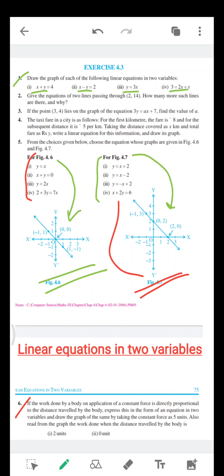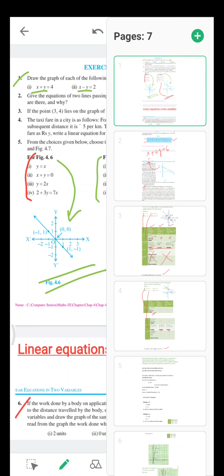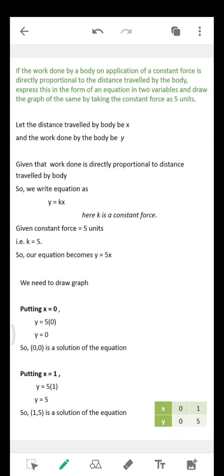So this question is based on that. If the work done by a body on application of constant force is directly proportional to the distance traveled, we have to express this in the form of a linear equation in two variables and draw the graph of the same by taking the constant force as 5.